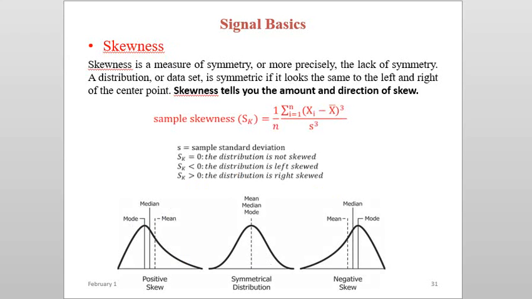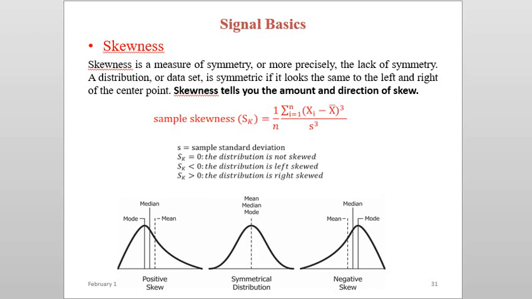Skewness is the measure of symmetry, or more precisely the lack of symmetry. Skewness tells you the amount and direction of the skew. In this diagram we can see that if the skewness is in the middle, then it is a symmetric distribution where the mean, median and mode are in the same place.